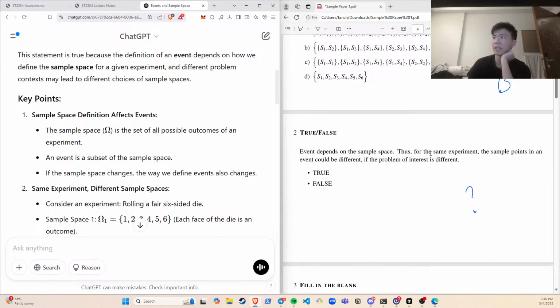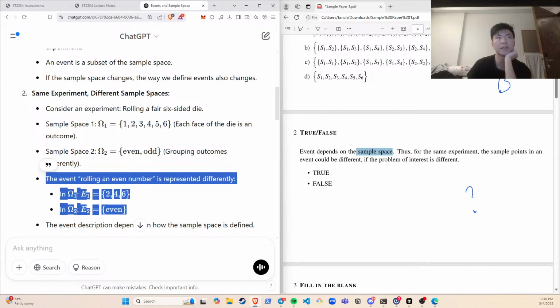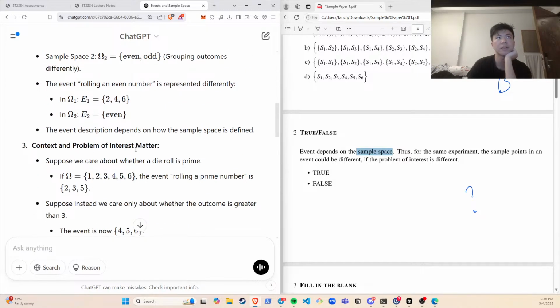So the experiment is the same, right? The experiment is a dice roll, but the problem of interest is different, right? One of them will be the number we're interested in, and the other one will be the parity of the dice roll. And as such, the sample space is fundamentally different, right? And hence the event is also different, right? The event of even, or 2, 4, 6, right? This is events, right?